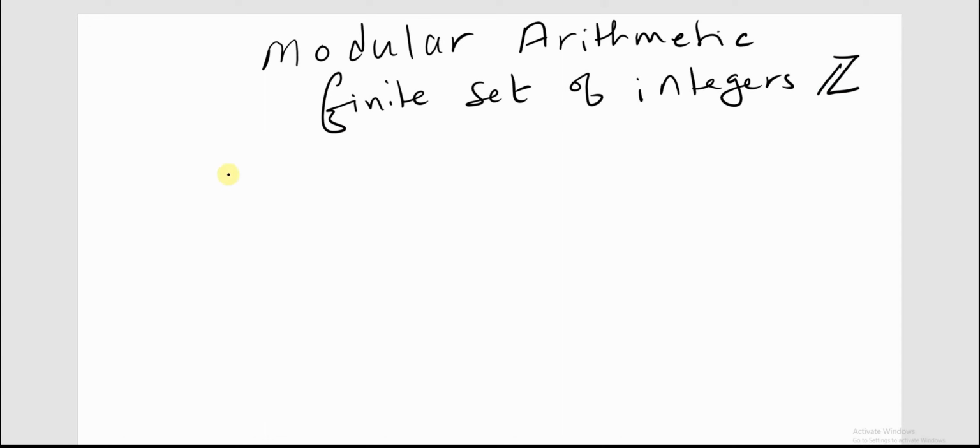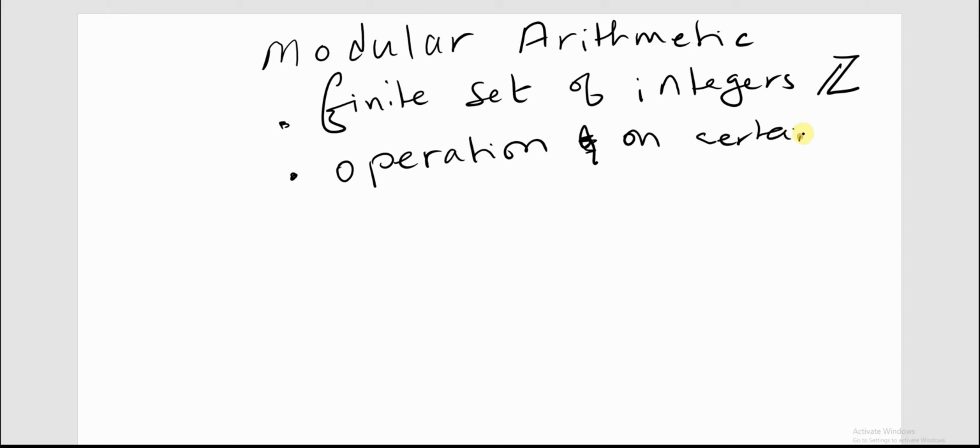So basically it's about performing operations on a certain set of numbers.